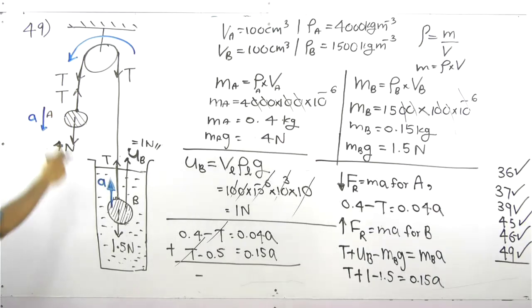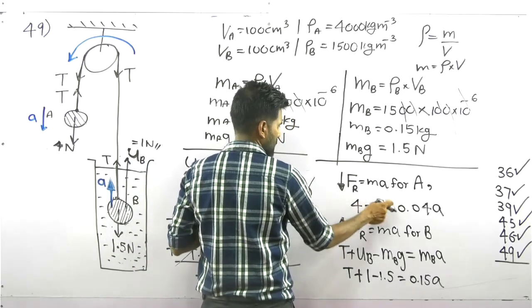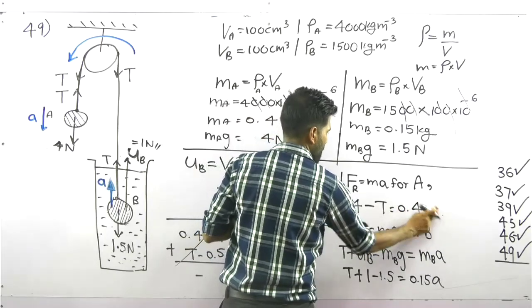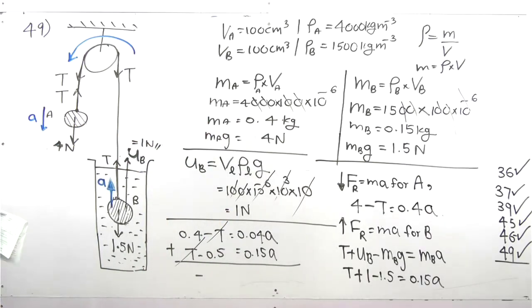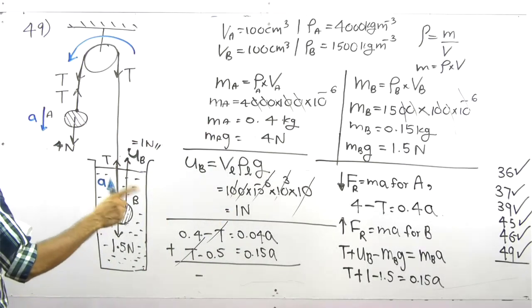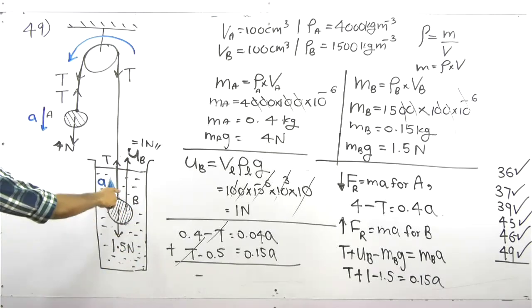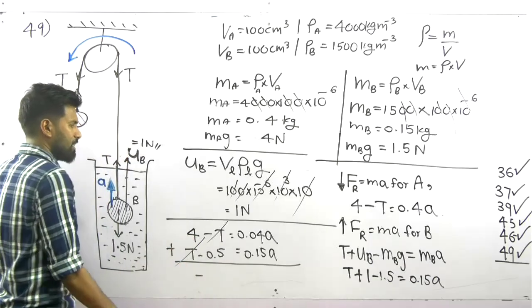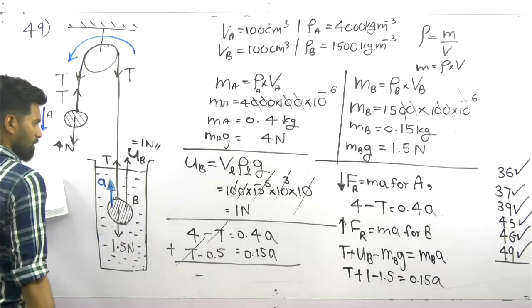4 minus T, mass 0.4 times A. For this one, it's the same. Now, first equation: 4 minus T equals 0.4 times A, the other one is the same.